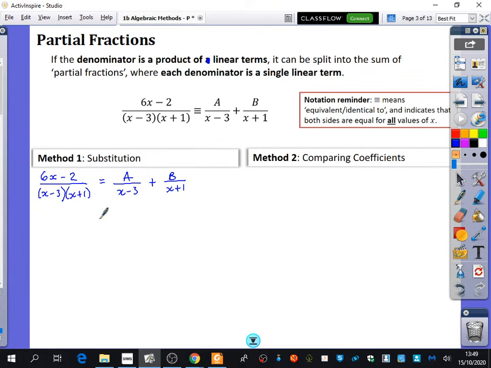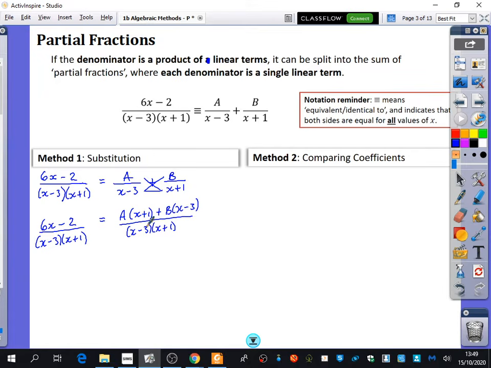So when I add these two fractions, I will have A times x plus 1 plus B times x minus 3, all over x minus 3, x plus 1. You can see that cross multiplication pattern that you will have been practicing in those first two exercises coming up again. And so we've now got that 6x minus 2 over x minus 3, x plus 1 is equal to this.